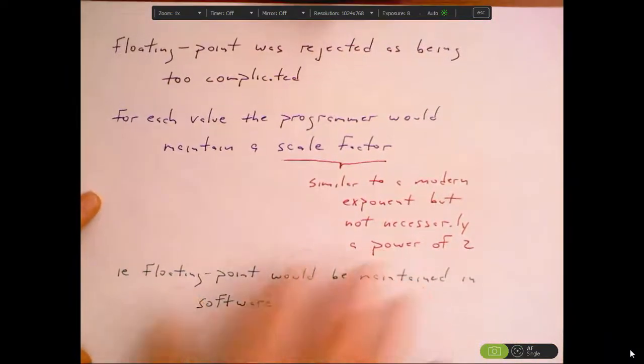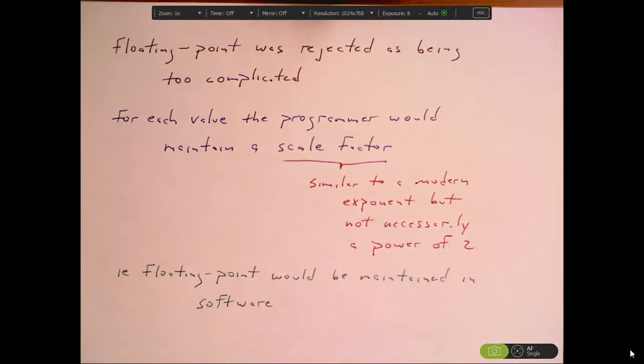If you look into the 46 report, you'll see a discussion, however, of floating point. The designers explicitly rejected floating point. It wasn't like they didn't know about it. It was something they considered, but it was rejected as, in their opinion, it would have complicated the design of the CPU too much.